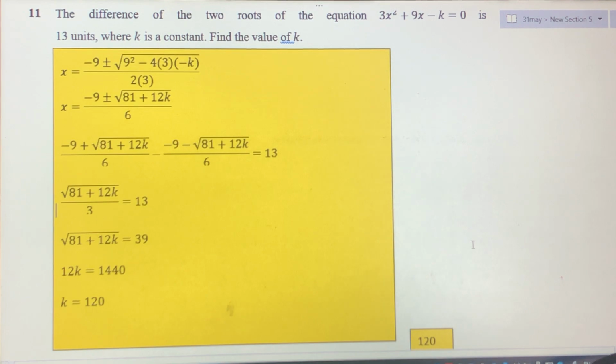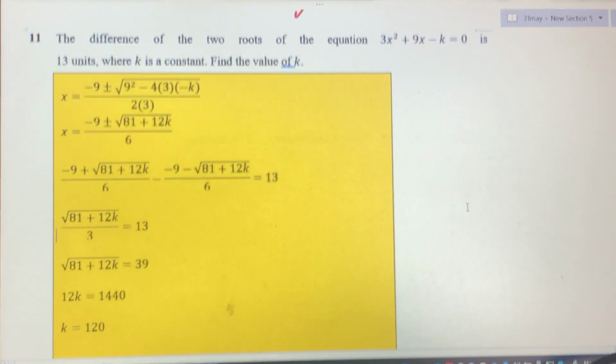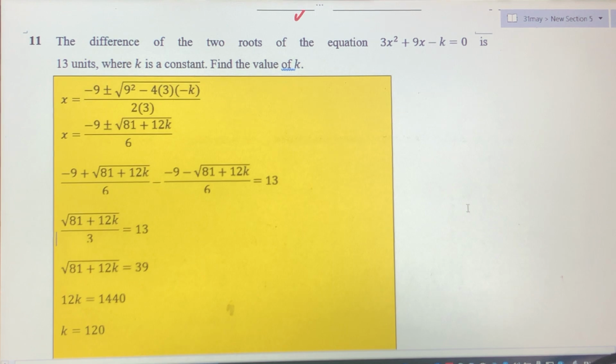The difference of the two roots of the equation is 13 units. Now, one look at this, it may not seem very obvious to you, but you cannot do this, but you can do this: x equals minus b plus minus the square root of b squared minus 4c, all over 2a.